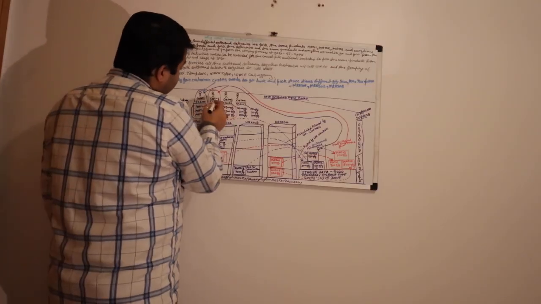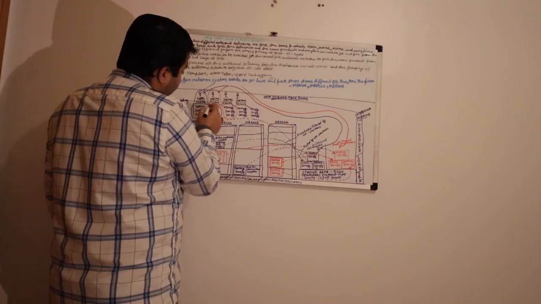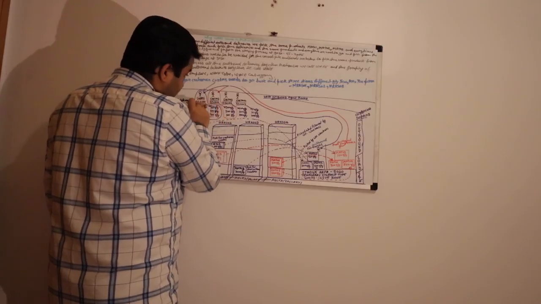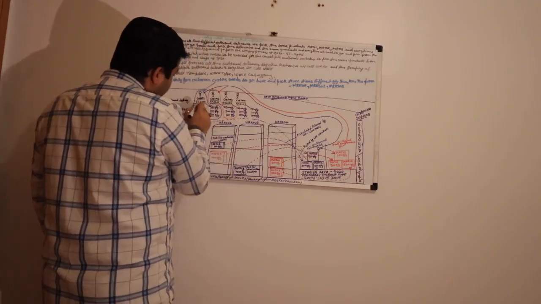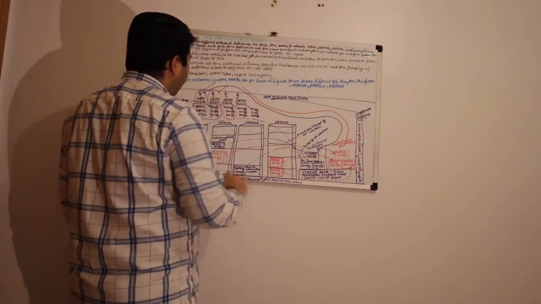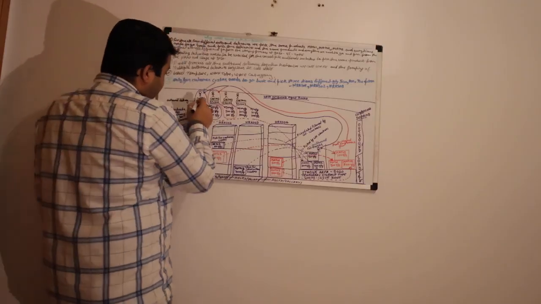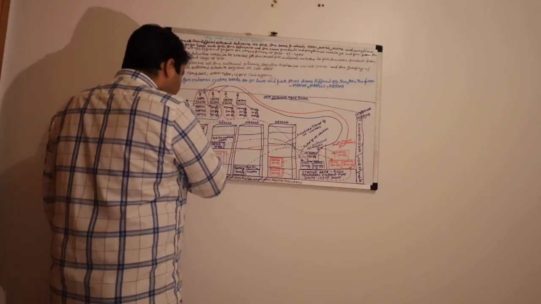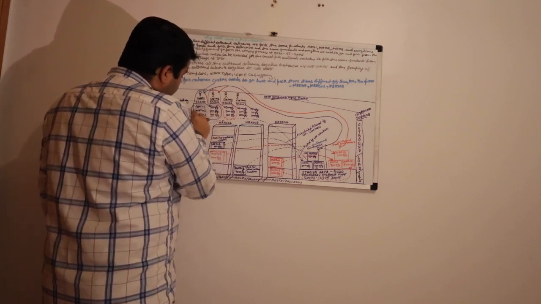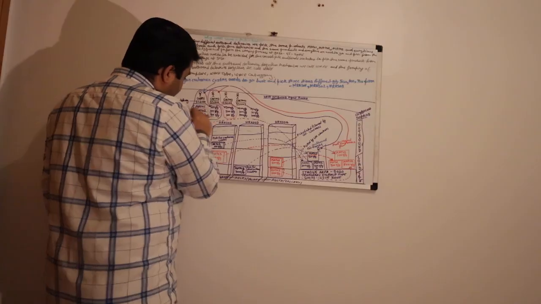Okay, customer 1, first I will start with customer 1. Customer 1 requires material 1, 500 quantity for example. And the same customer requires material 2, 100 quantity. Material 3, customer 1 requires material 3.